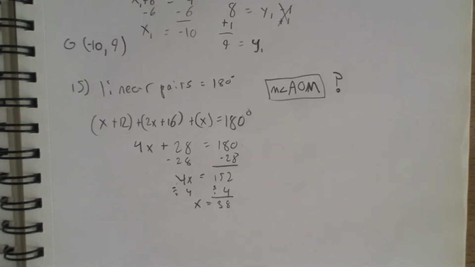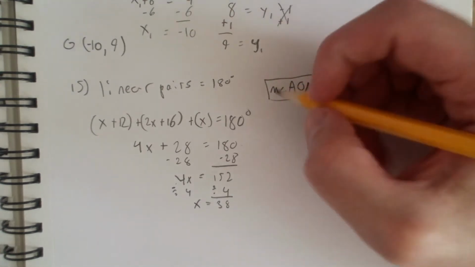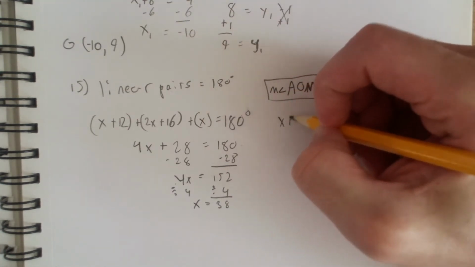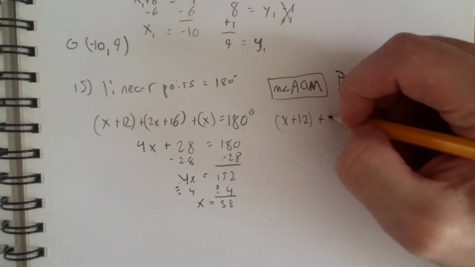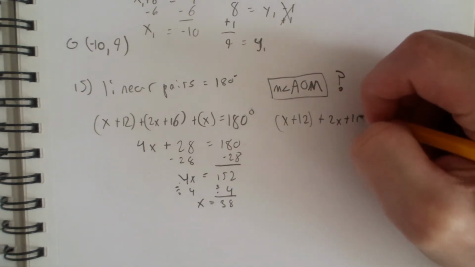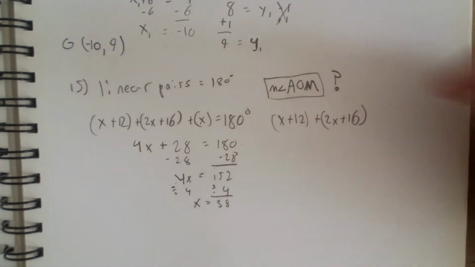So to find the angle AOM, we're going to add the components AOR and ROM. We're going to set up our equation as x plus 12 plus 2x plus 16, and that's going to be equal to AOM.